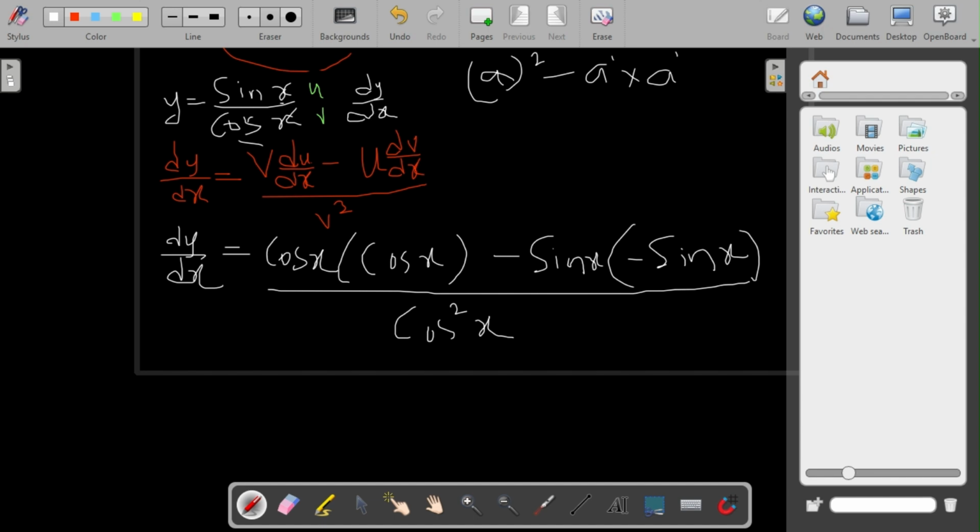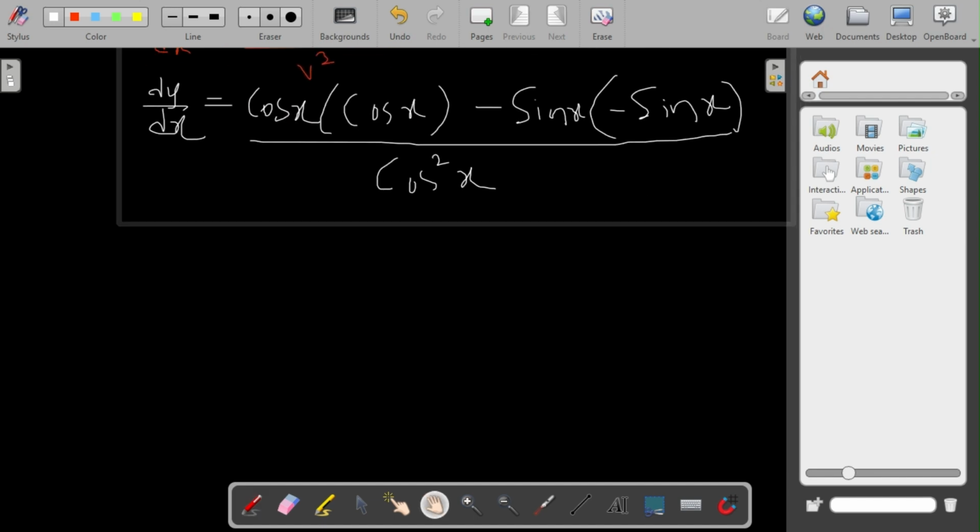So if I take this up, this will be dy/dx equals cos x times cos x gives you cos squared x, plus minus sine x times minus sine x gives you plus sine squared x.